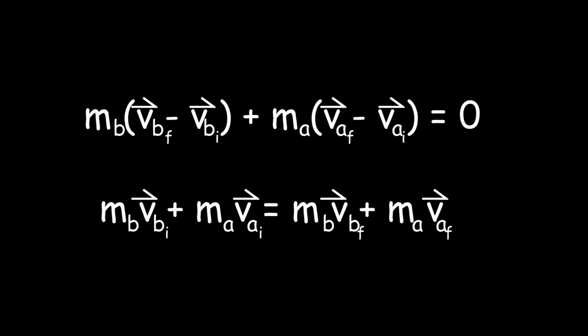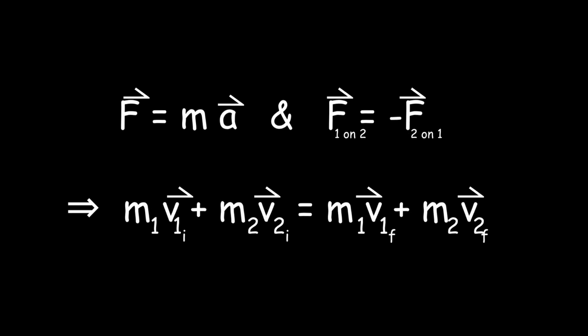Take a moment to appreciate that all of this math that we did without numbers came from one equation, force equals mass multiplied by acceleration, and one relationship that for every force, there's an equal and opposite reaction force.